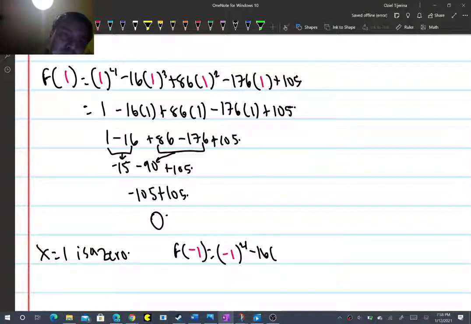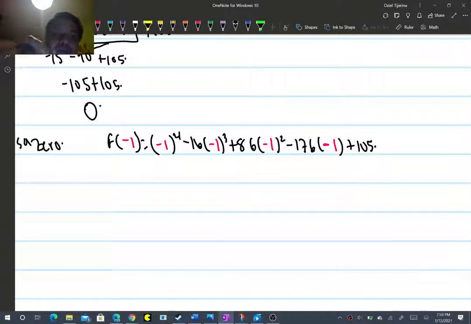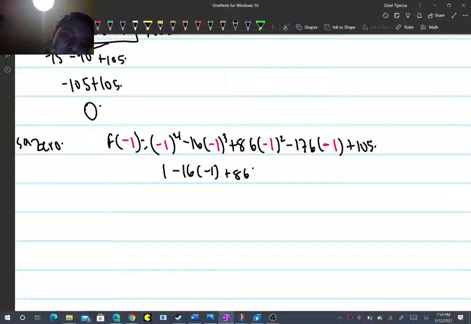So we have times negative 1 cubed. Let me write it down really quick. Okay, so this is 1. It's going to be minus 16 times negative 1 plus 86 times 1 plus 176, because this is negative 176 times negative 1 plus 105, okay? 1 plus 16 plus 86 plus 176 plus 105.